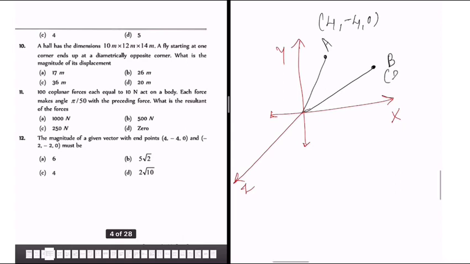This is 2 comma minus 2 comma 0. The length is this AB.